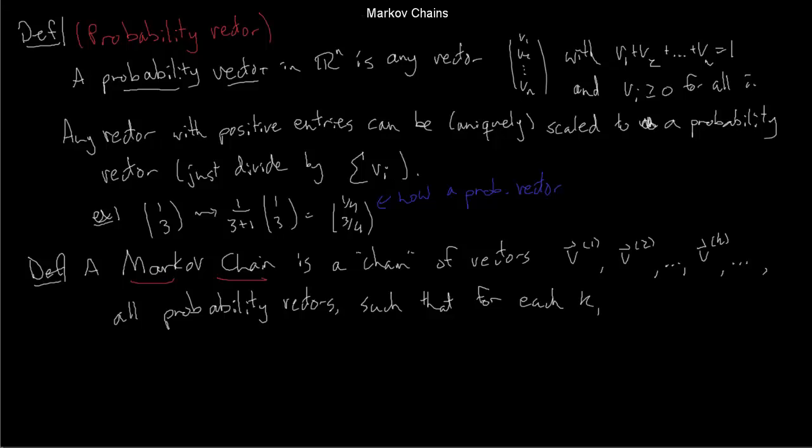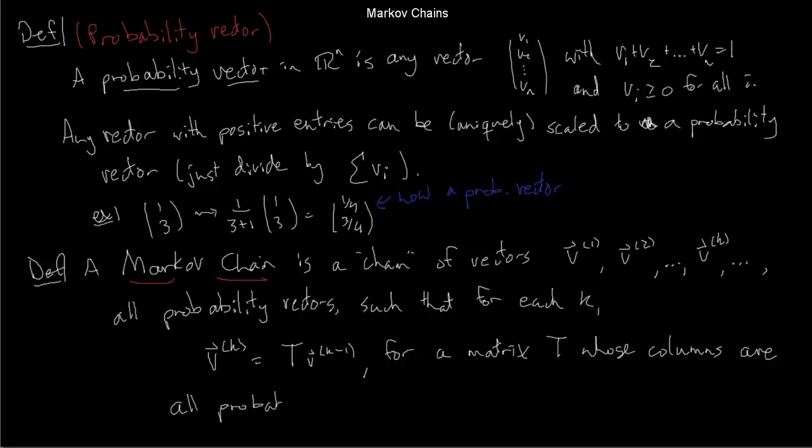they're related by a matrix, which is going to be called a transition matrix. So v^k can be written as some matrix T times v^(k-1) for each k. It's the same T every time. You just iterate powers of this matrix. And that matrix T is going to be special. All the columns of T are probability vectors.